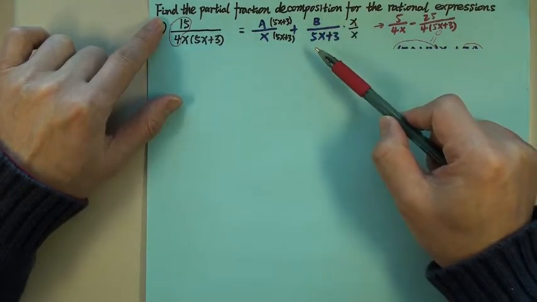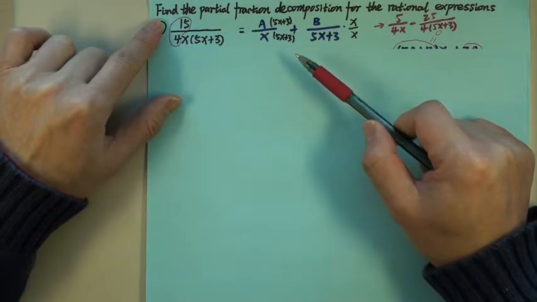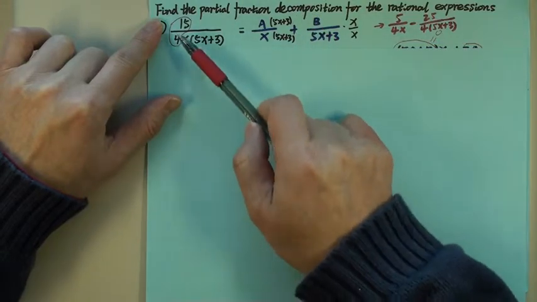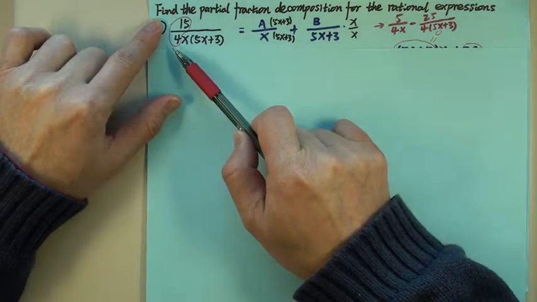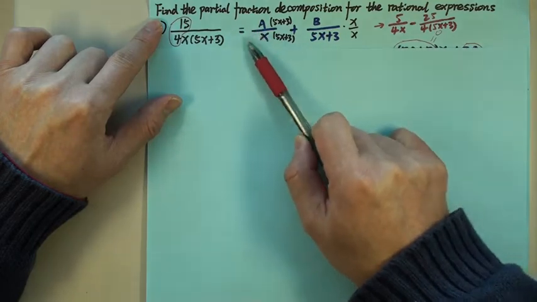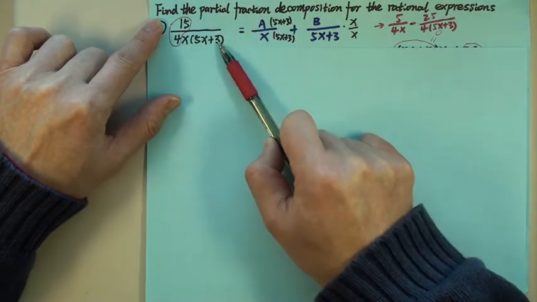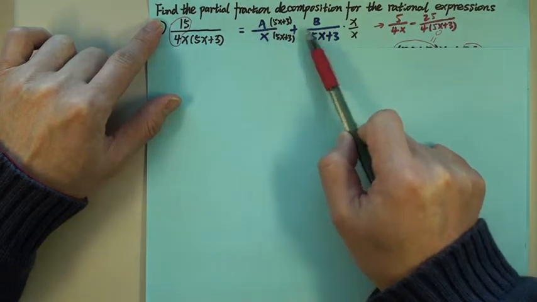Why do we need to do so? It's because, in calculus class, in order to find the integral of this one, you have to decompose this somewhat complicated one into a simpler one.